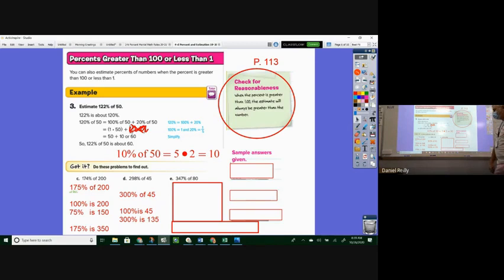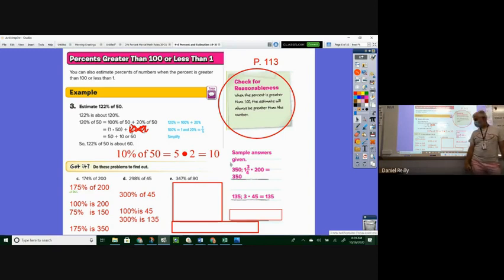347% of 80. Wow, that's a big one. What am I going to do to get 347% of 80? First, I'm going to change 347% to 350%.